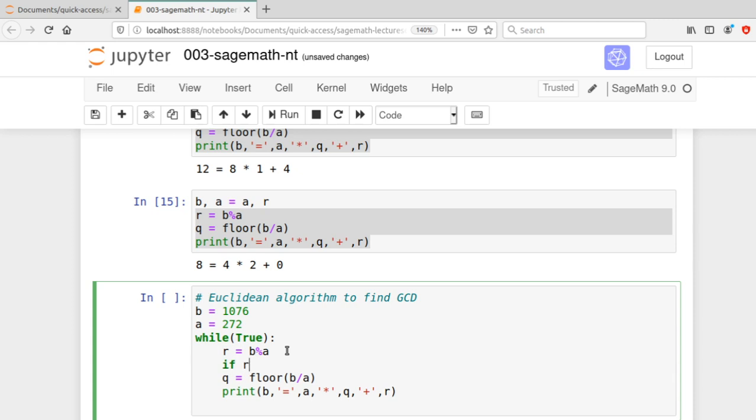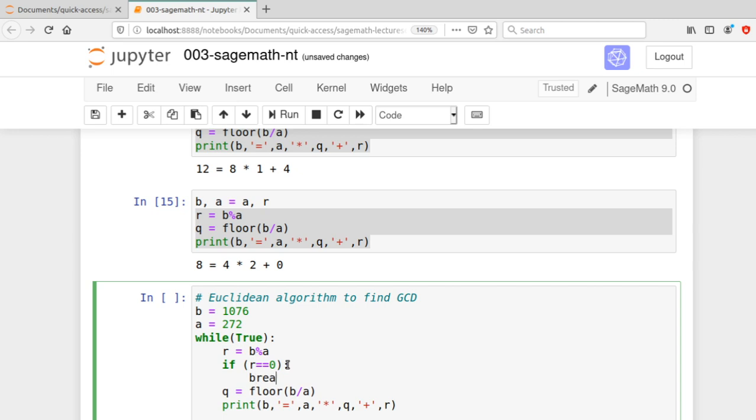If r equals 0, we want to stop this procedure. We want to stop the execution of computing the remainder again and again, computing by the division theorem again and again.